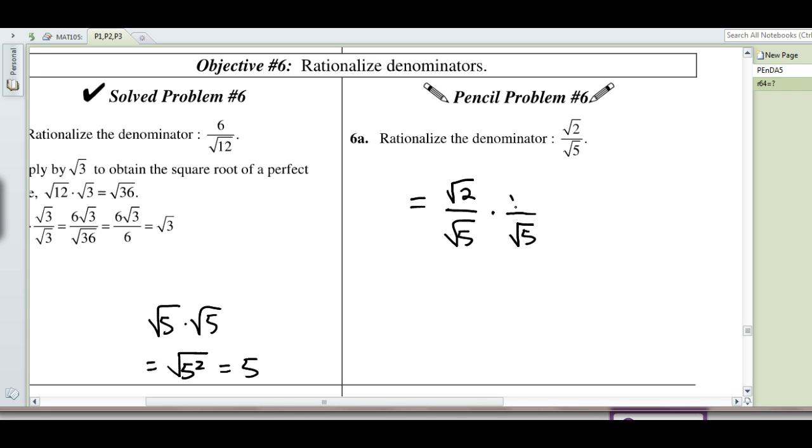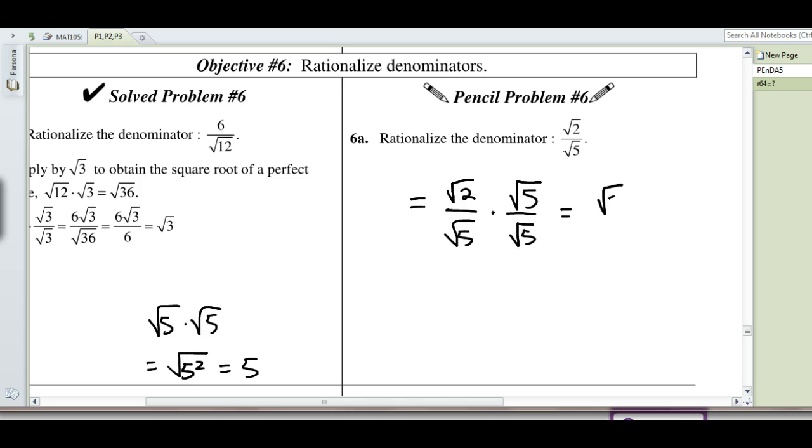So to multiply by something equal to 1, we just multiply by the fraction that is equal to 1. So square root of 5 divided by square root of 5 equals 1. So by multiplying by this fancy looking fraction, we're really not changing our expression. We're just changing it around a little bit.